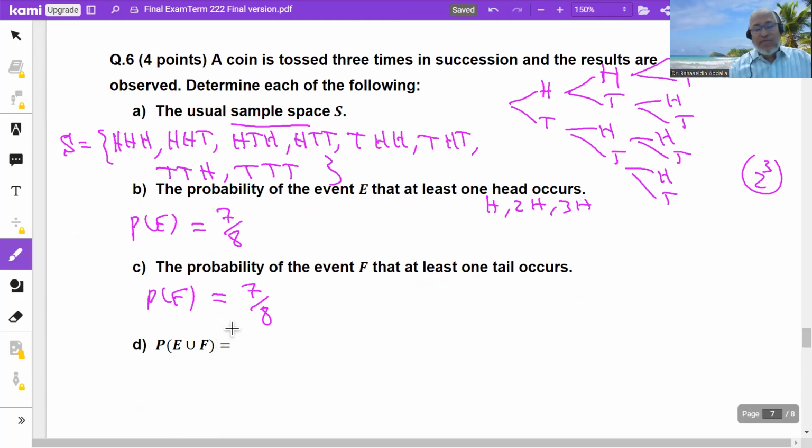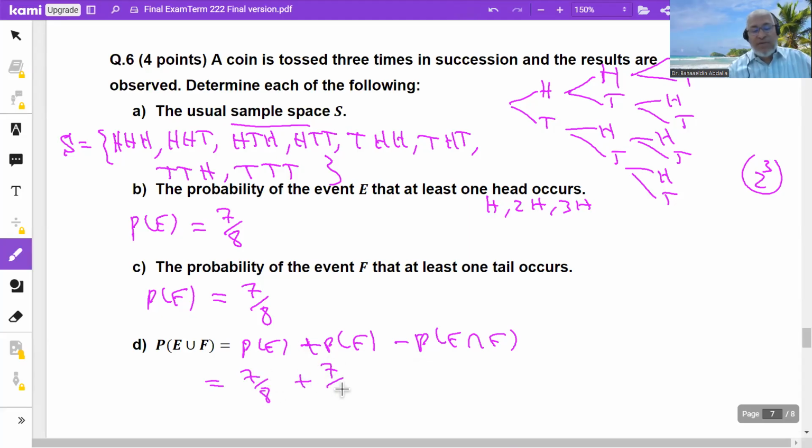E union F would be the probability of E plus the probability of F minus the probability of E intersection F. So the probability of E is 7/8. The probability of F is 7/8. And what is the probability of the intersection?